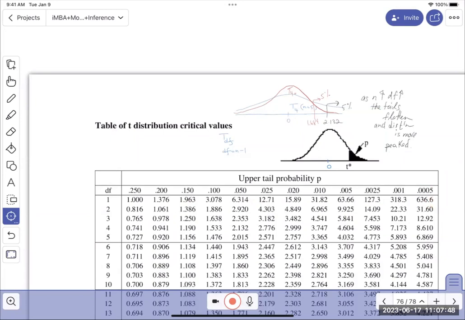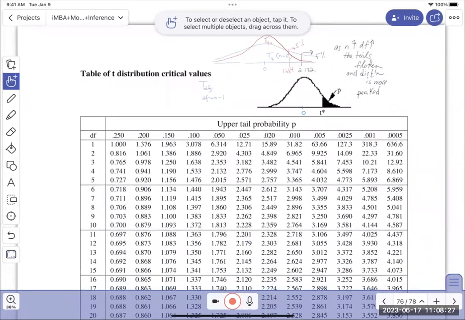As opposed to the standard normal table, where you have hundreds of values of the z-score and hundreds of percentiles that accompany it, and you have positive and negative z-scores, here you only have 12 t-critical values for each different distribution. That depends on the sample size. So you got to work with that.